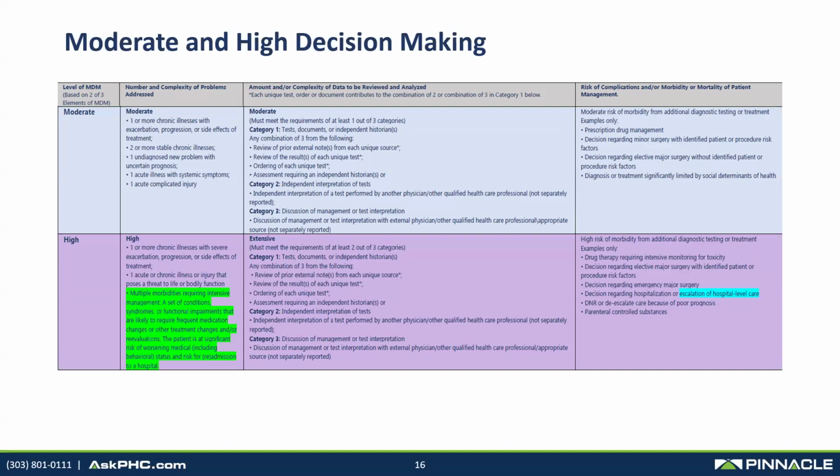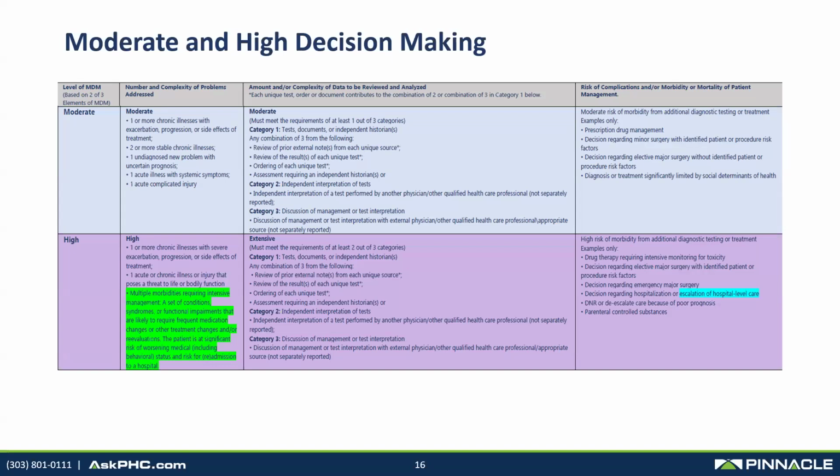In the second category, we have independent interpretations of tests, meaning that you are interpreting a test that was performed by another physician or another qualified healthcare professional. And then discussion of management or test interpretation. So you're actually discussing the management or the test interpretation with an external physician or other qualified healthcare professional of an appropriate source.